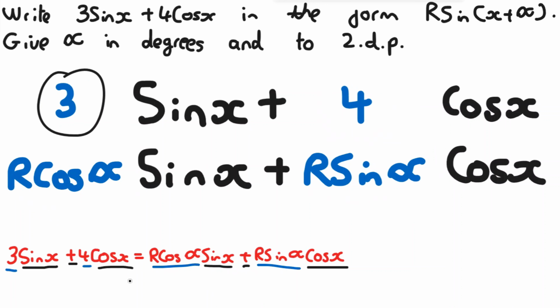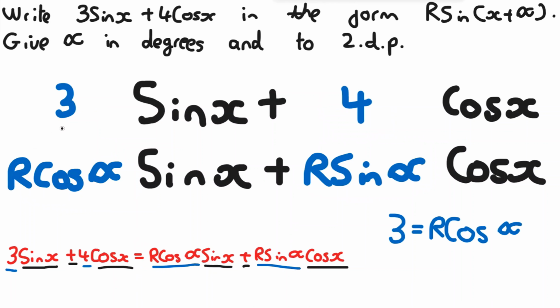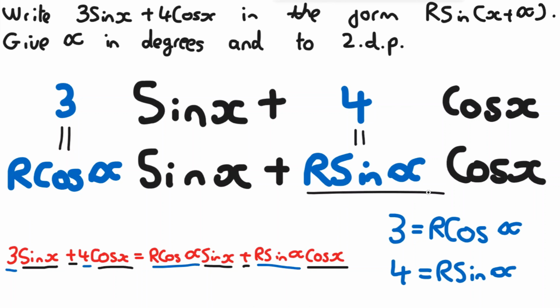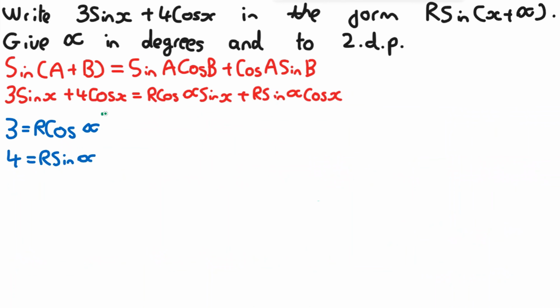So as these two sides are equal to each other, and these are the only differences, we can compare coefficients and say that 3 is equal to r cos alpha and 4 is equal to r sin alpha, as these are the coefficients of sin x and cos x respectively. These two simultaneous equations are enough in order to find the values of r and alpha.